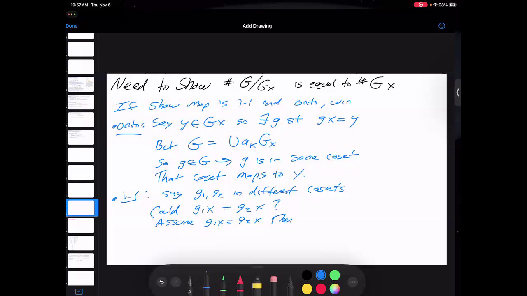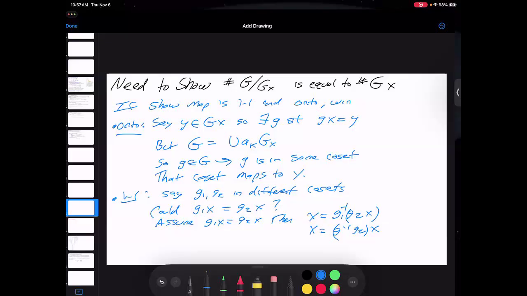G1. So then this is the same as X equals G1 inverse G2X, which by associativity is G1 inverse G2 of X. So what do you know about G1 inverse G2? It's in the stabilizer.